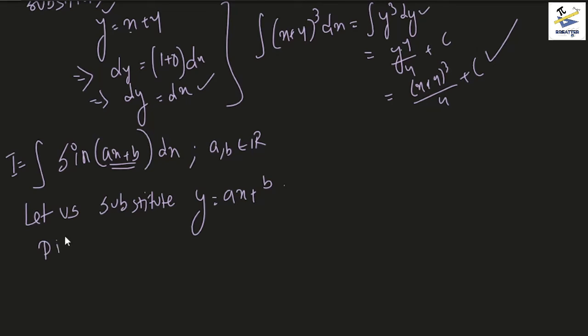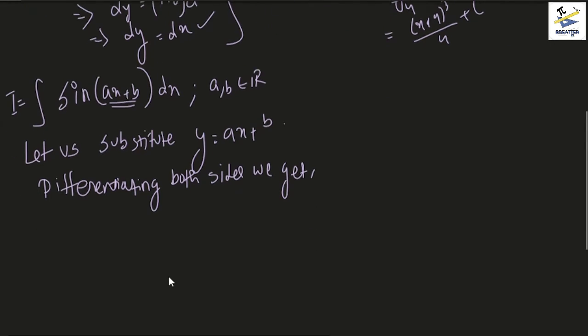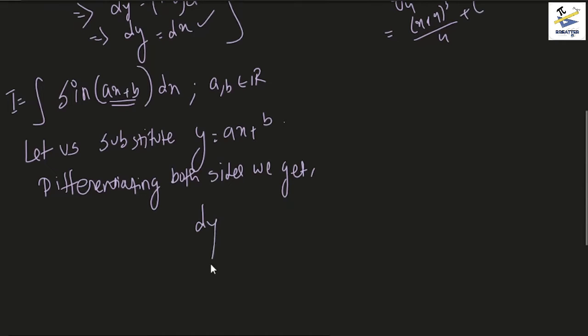So differentiating both sides, we get dy equals a times dx, because the constant b disappears and the derivative of ax is just a, and we have an extra dx always, as I told you.